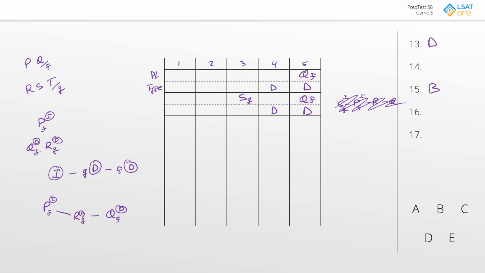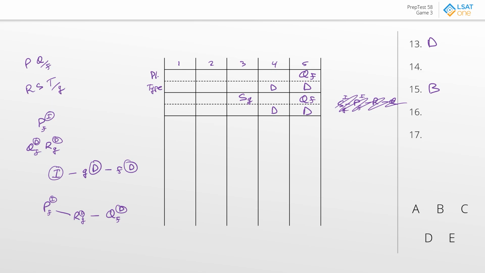You could have an international flight here. R and Q would both be domestics, and then all of these guys would be international, and that would be fine. Or not. You could have this guy be domestic as well, in which case, yeah, the internationals would go into 1 and 2 wherever, and then this would all work. So we have flexibility here. You know what? Let's see. Maybe we can make do with what we have.